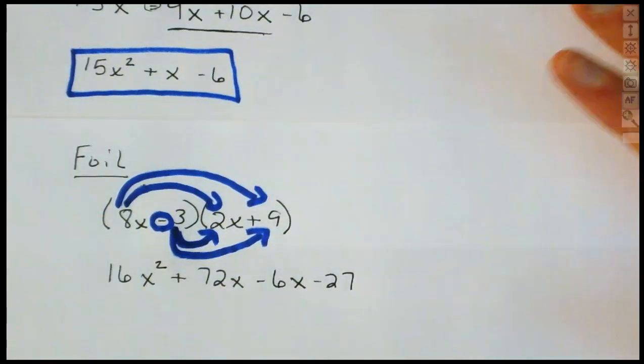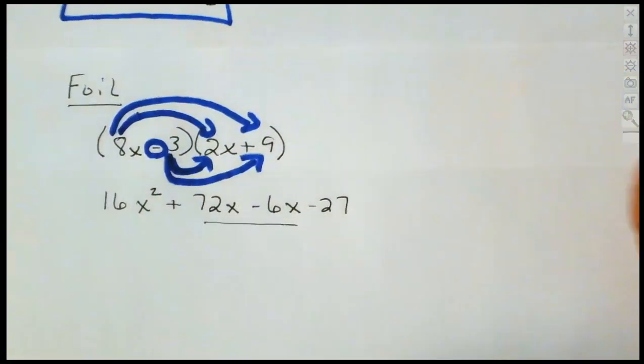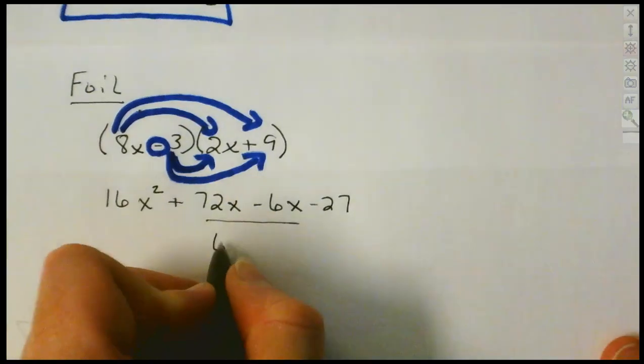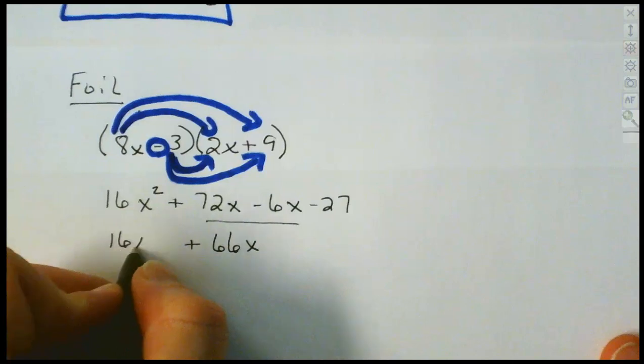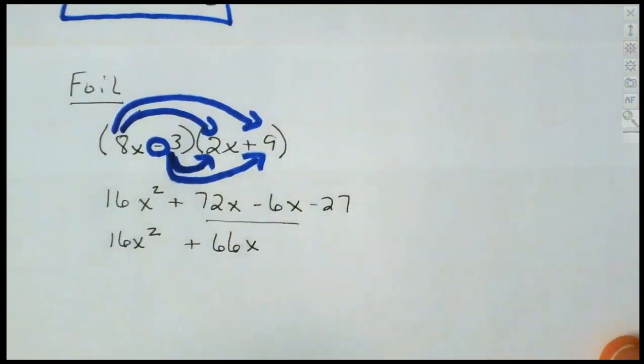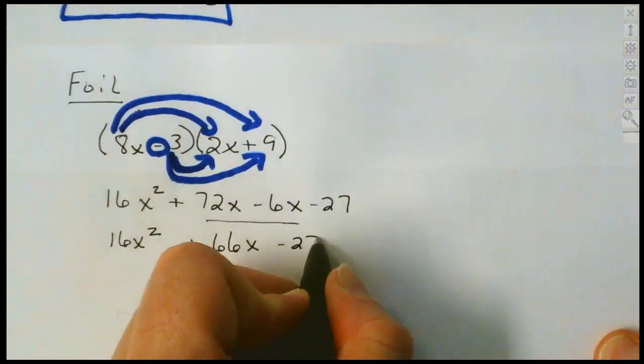And then we look in the middle. Can the middles go together? Yes. We'll do one here in a moment where they can't. These can go together. And these can go together. And what do you have? You have a 72 minus 6. And 72 minus 6 leaves you with a 66x. So you now have your final answer, 16x squared plus 66x minus 27.